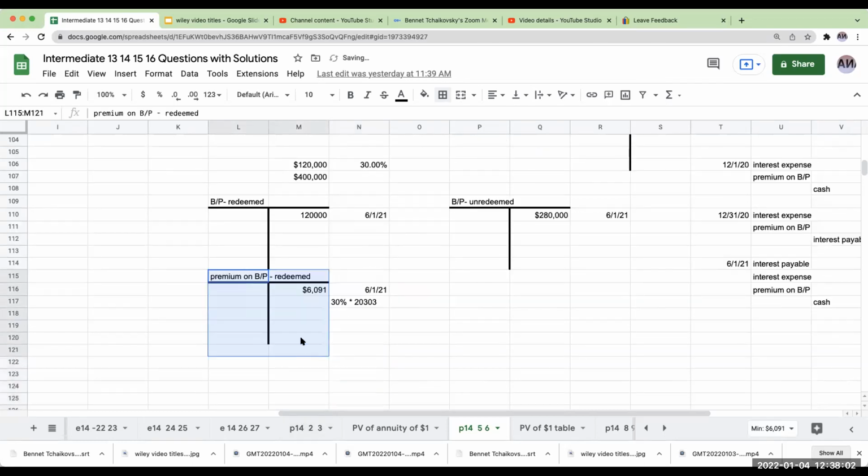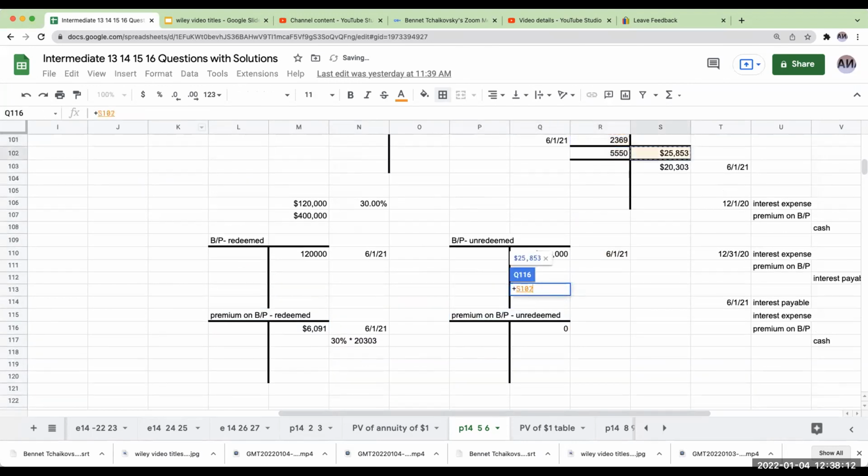And my premium on bonds payable unredeemed is going to be 20,303 times 70%. So this is going to be 70% times 20,303.